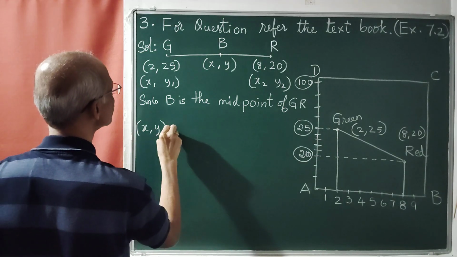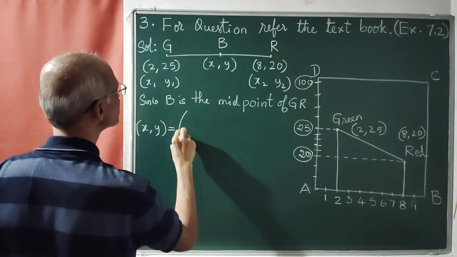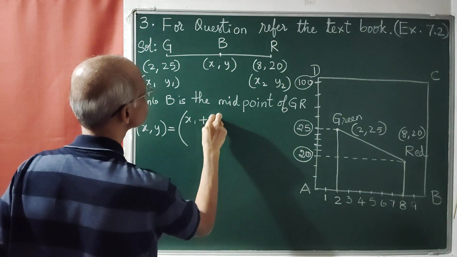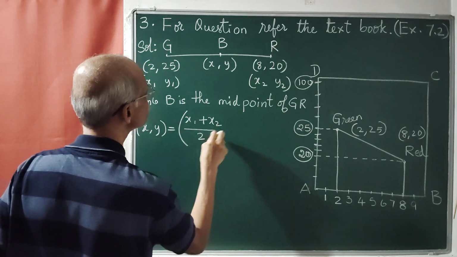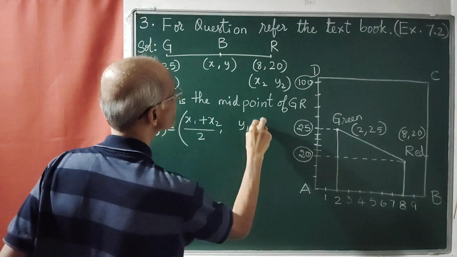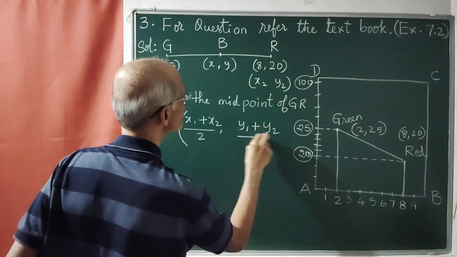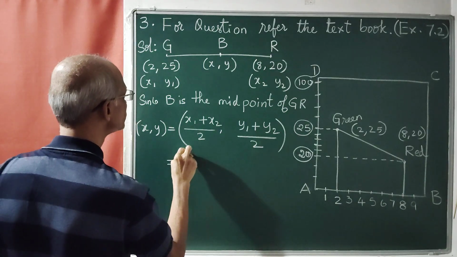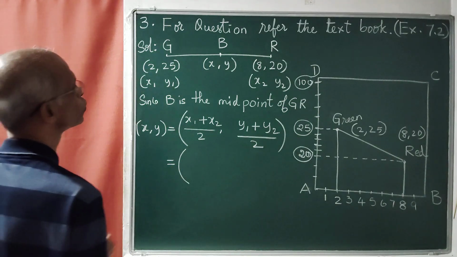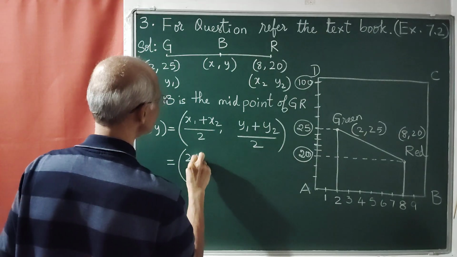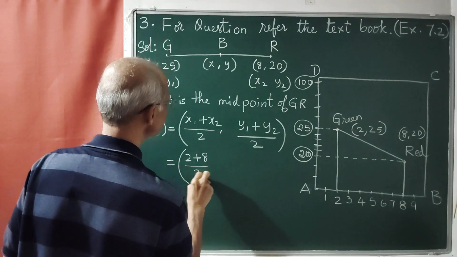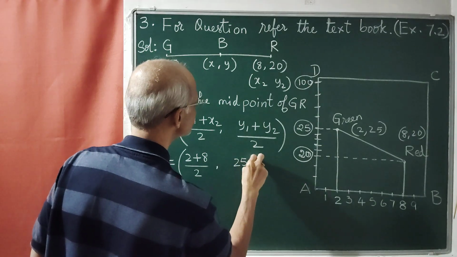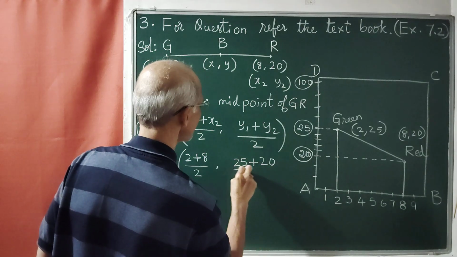will be equal to, we have to use the midpoint formula, that is x1 plus x2 divided by 2, y1 plus y2 divided by 2, will be equal to x1 plus x2, 2 plus 8 divided by 2, y1 plus y2, 25 plus 20 by 2.